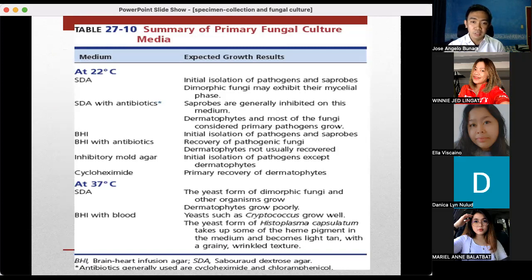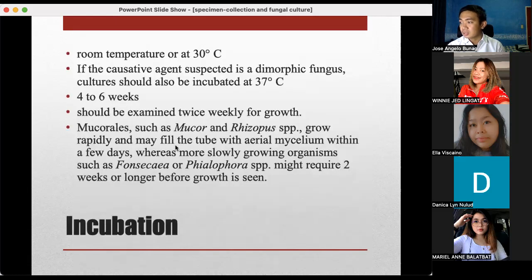Dextrose agar, your BHI, and also yung mga agar po natin with inhibitor at room temperature and at 37 degrees Celsius. So for the incubation of your fungal culture specimen, should be incubated up to a month. So medyo matagal.